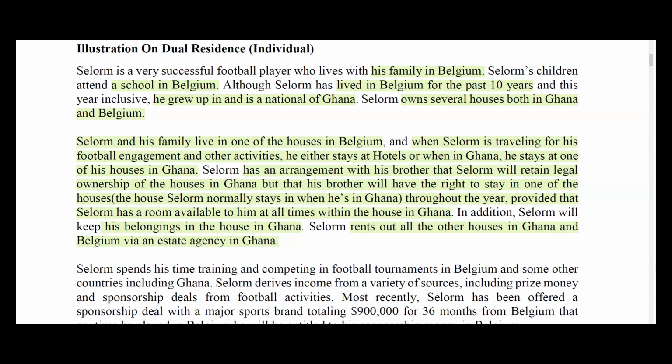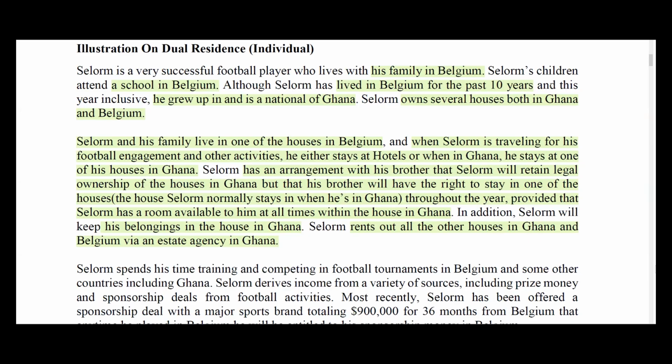The fact that he travels around, but he still comes back to Belgium. And then when it comes to Ghana, the fact that he has legal ownership of some houses in Ghana.